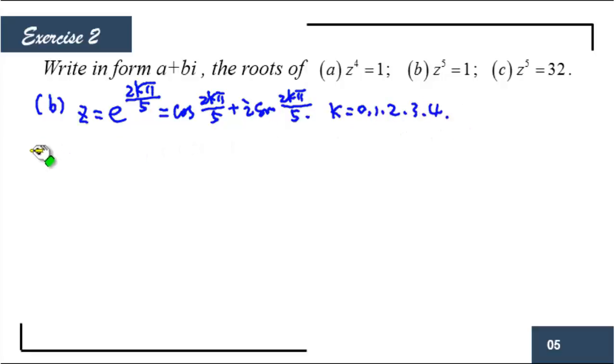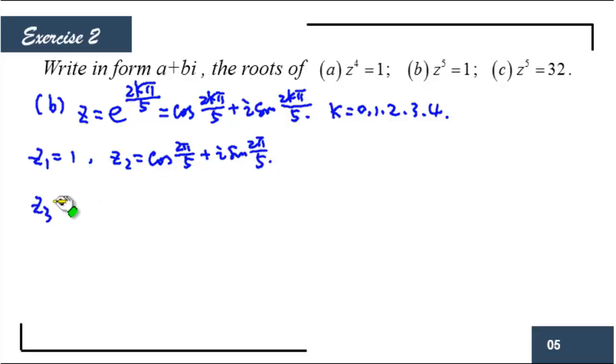Then we can get these roots. The first one is 1. The second one is cosine 2π over 5 plus i sine 2π over 5. The third one is cosine 4π over 5 plus i sine 4π over 5.